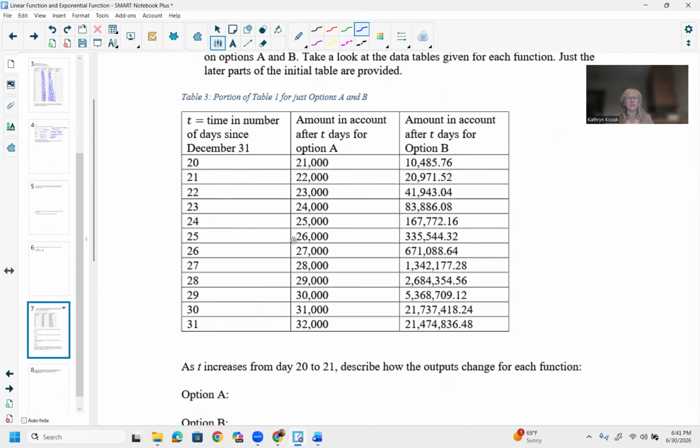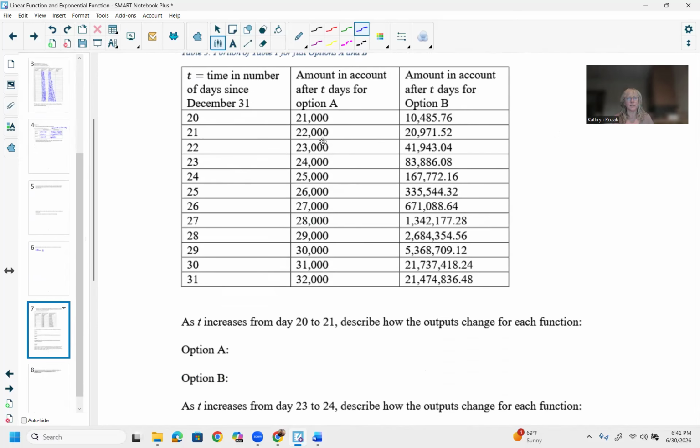As t increases from day 20 to 21, describe how the outputs change for each function. So option A, it looks like all that happened is we added $1,000. Option B, we doubled it, right?